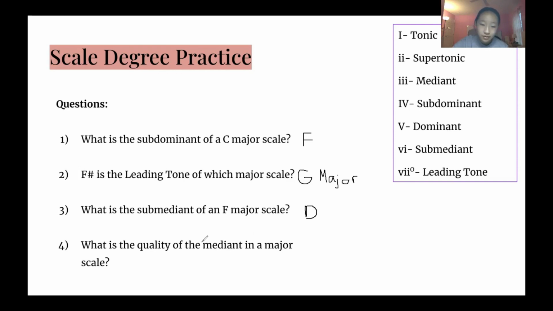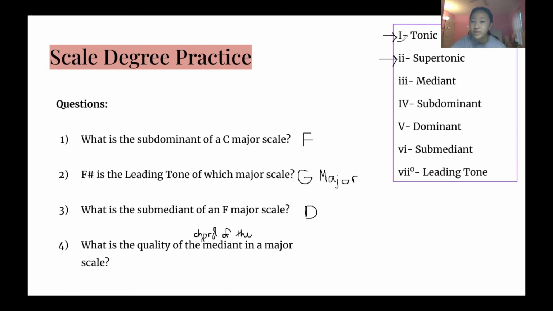And the last question, it might be a bit harder than the other three. It's asking, what is the quality of the chord of the mediant in an A major scale? So remember, the quality of chords basically means if it's minor, major, etc. And remember, the quality is determined by the capitalization of the Roman numerals.